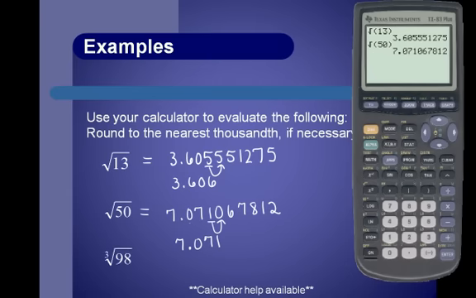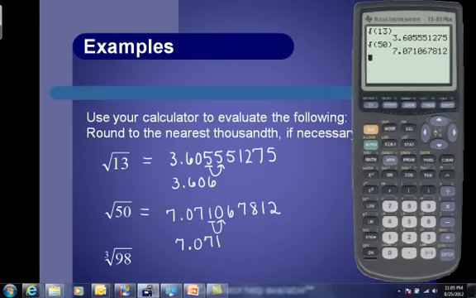Notice we do not have a third root button on our calculator. So if we look in this math menu, just touch the math button. Notice that option number 4 is the third root. We can either arrow down to option number 4, or we can just touch option number 4, and that would give us the third root.